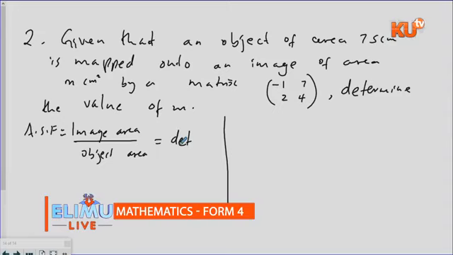And so how do we get the determinant? Our determinant will be equal to the product of elements in the leading diagonal, that is negative 1 times 4, then we minus 2 times 7.